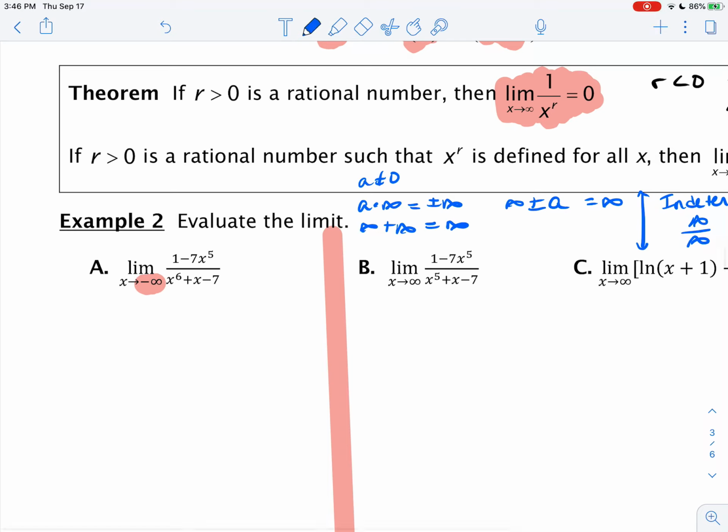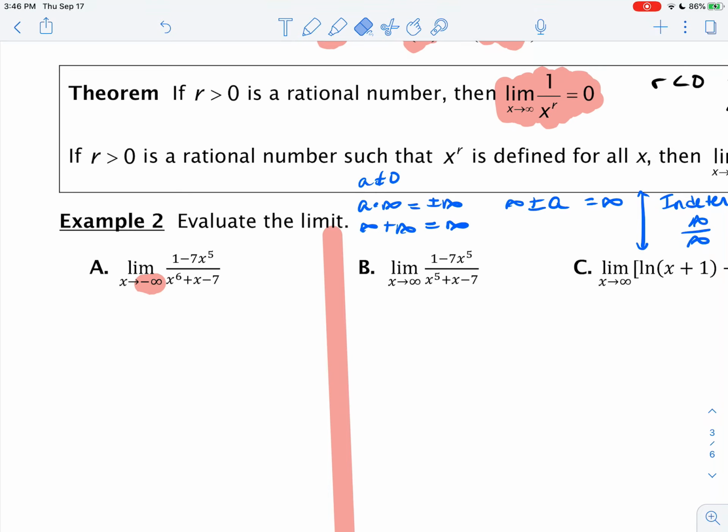So in this case, when we go to infinity, if I were to plug in my negative infinity, I would get 1 minus 7 times minus infinity to the 5th power over minus infinity to the 6th plus minus infinity minus 7, and I'd be getting some sort of infinity over infinity, and that's not going to be helpful. So what is my approach?